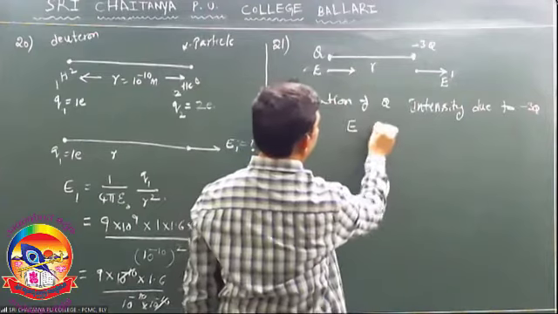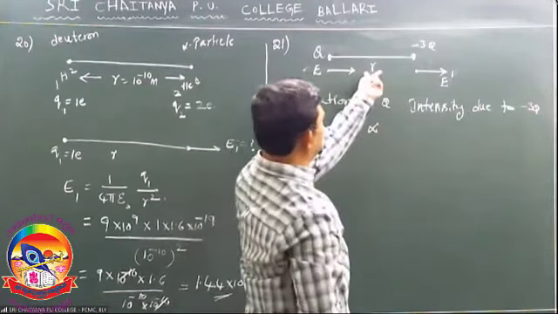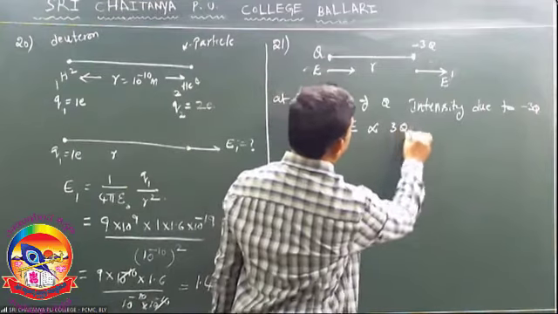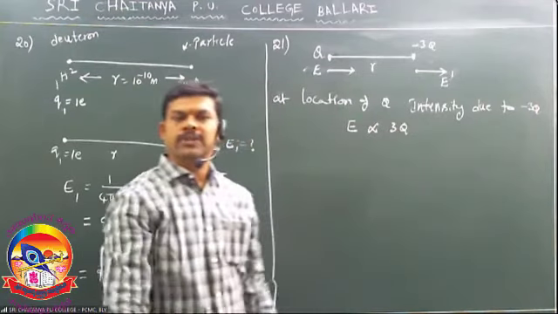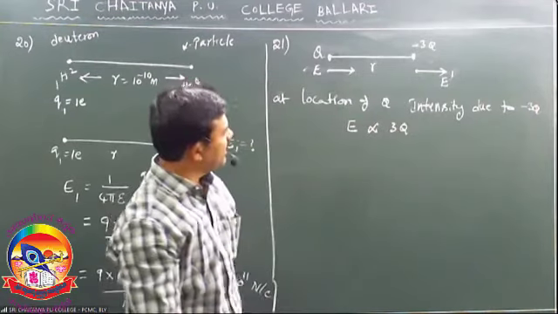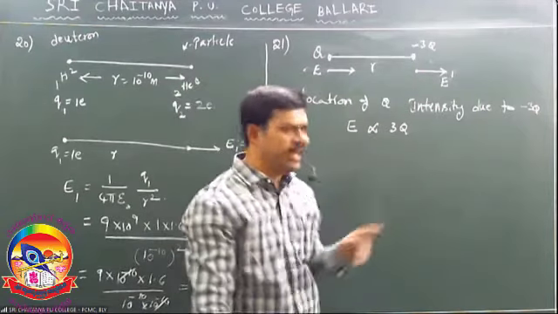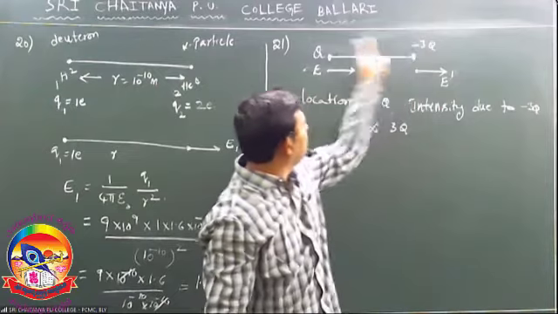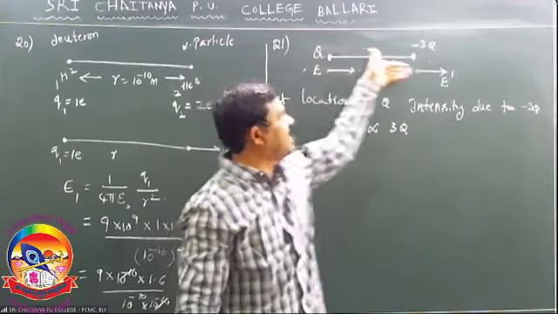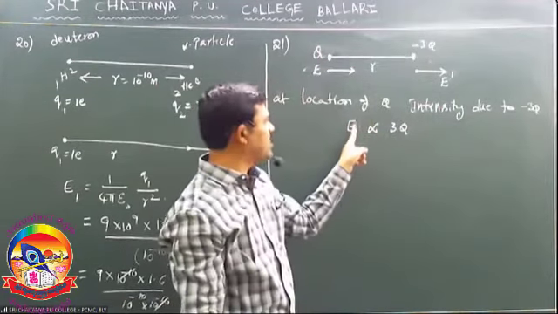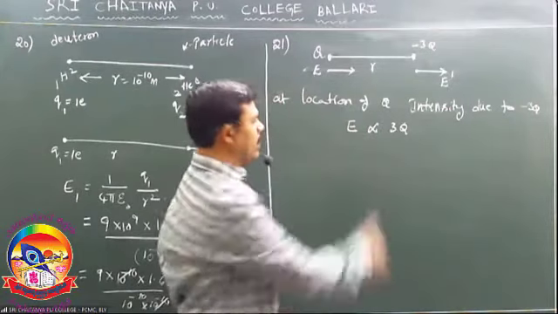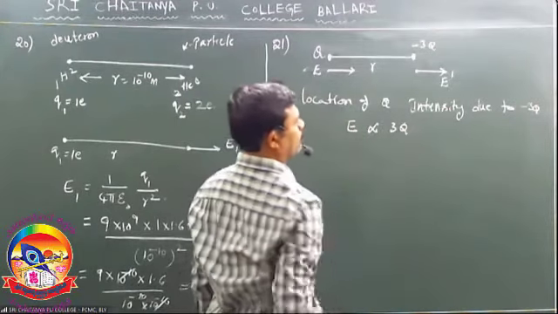We know when the distance is the same, intensity is directly proportional to the charge, 3Q. Sir, here you don't take negative, sir. Why, sir? Based on negative or positive, we assign the directions. But whenever you are solving problems, there is no need of taking it. Okay? E is proportional to 3Q.